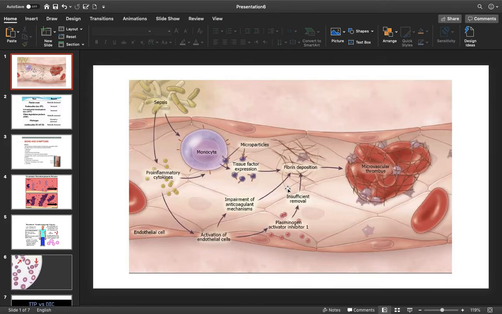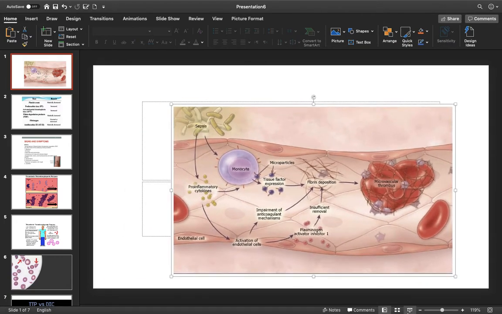DIC is a condition in which there is formation of thrombi in multiple areas, in a way that there are many uncontrolled thrombi. I'm going to draw it down.